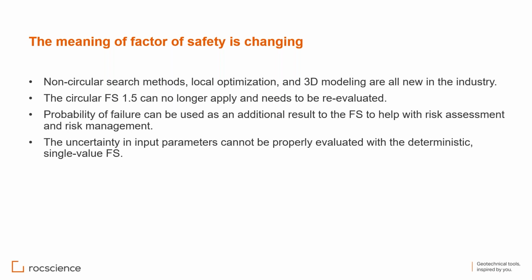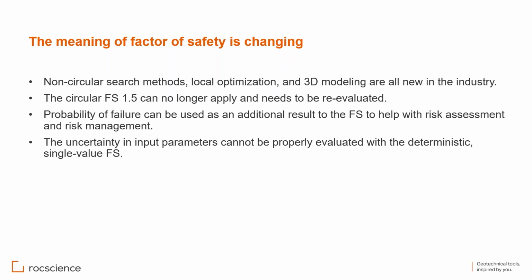So the factors of safety that we are calculating now are different from the traditional circular 1.5 factor of safety, and the 1.5 needs to be re-evaluated. Even the standards are trying to re-evaluate this number and figure out what we should do with these lower factors of safety using non-circular search methods.